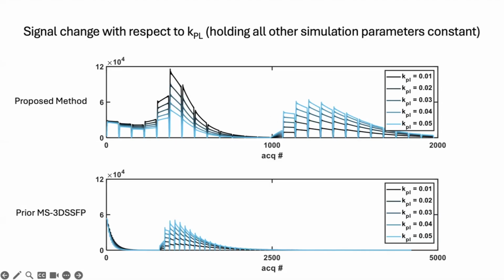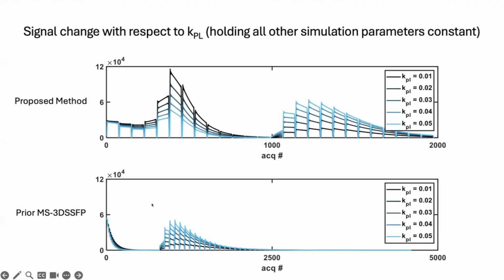On the other hand, because we're doing this more uniform lactate sampling, this is really just driven by the KPL forward exchange rate from pyruvate to lactate metabolism. So even though we have a relatively constant flip angle, we still see, similar to our traditional GRE-based methods, a signal evolution for lactate.